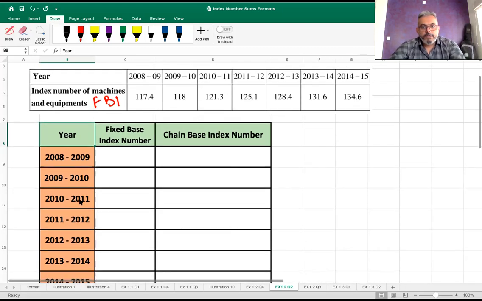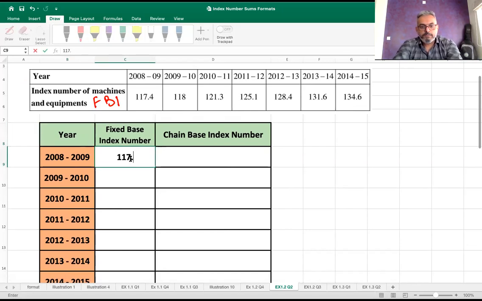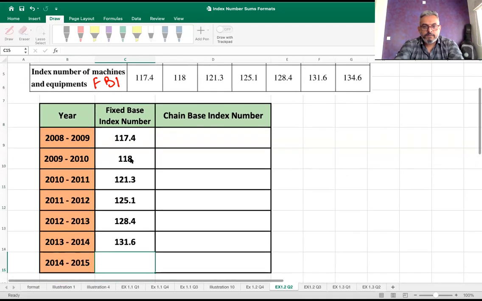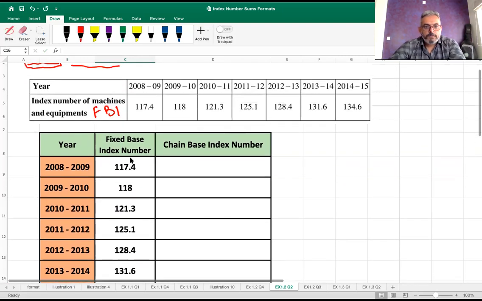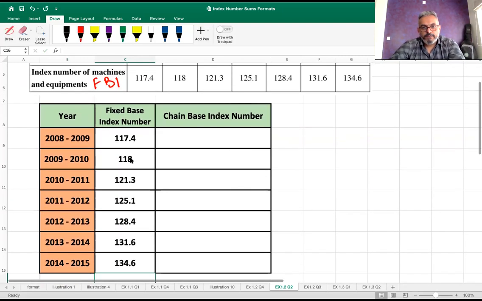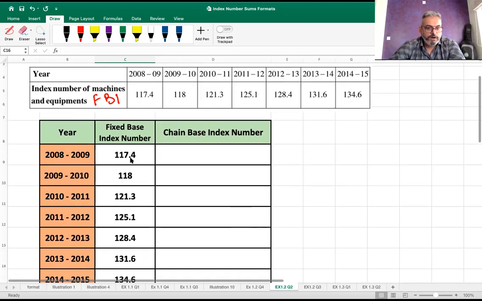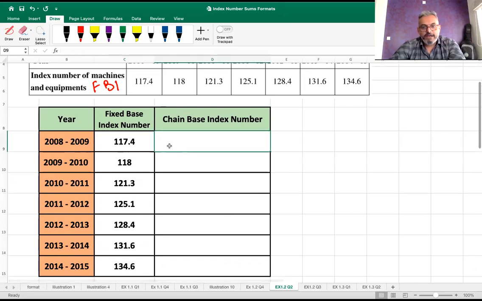Year is given, write the various years, write the fixed base index number: 117.4, 118, 121.3, 125.1, 128.4, 131.6, and 134.6.